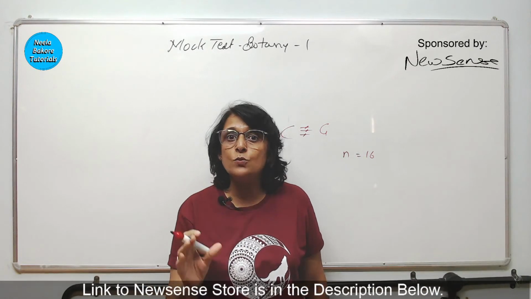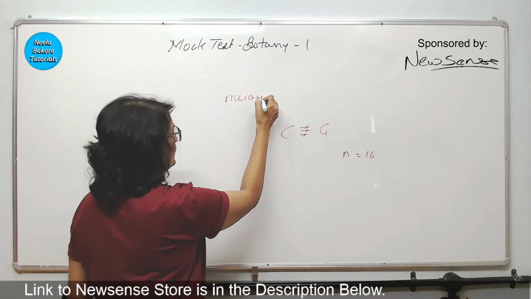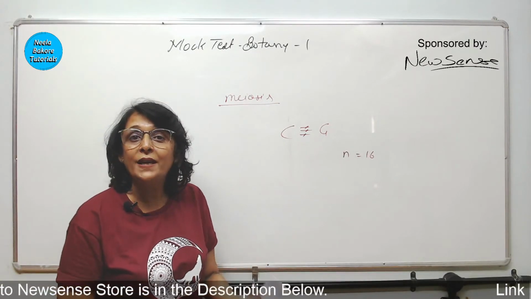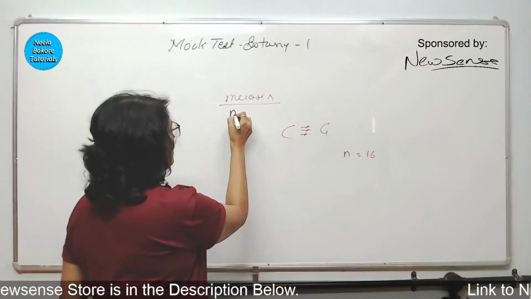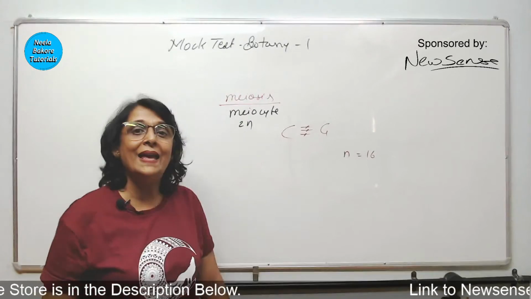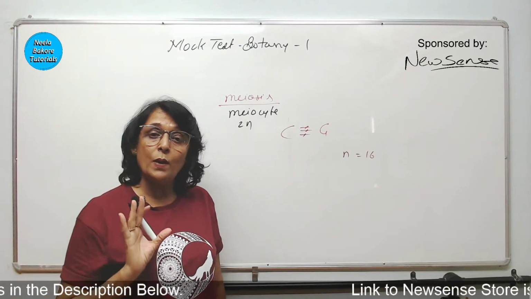It is metaphase 1, that means we are talking about meiosis. And meiosis always takes place in a diploid cell. So it will be in meiocyte. Meiocyte is going to be 2N. This is one part which we have understood from the question itself.